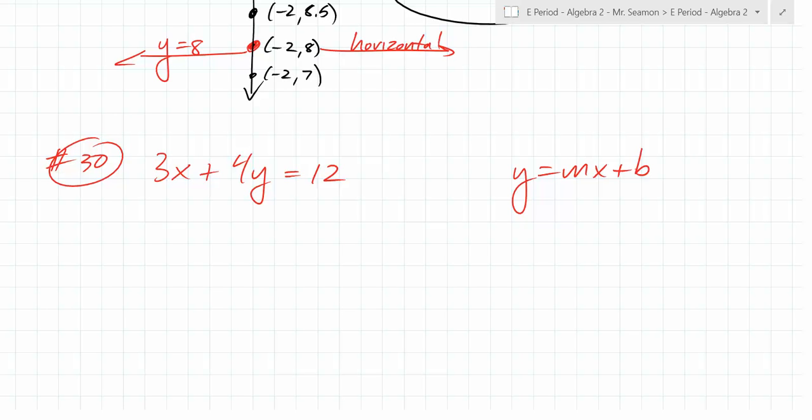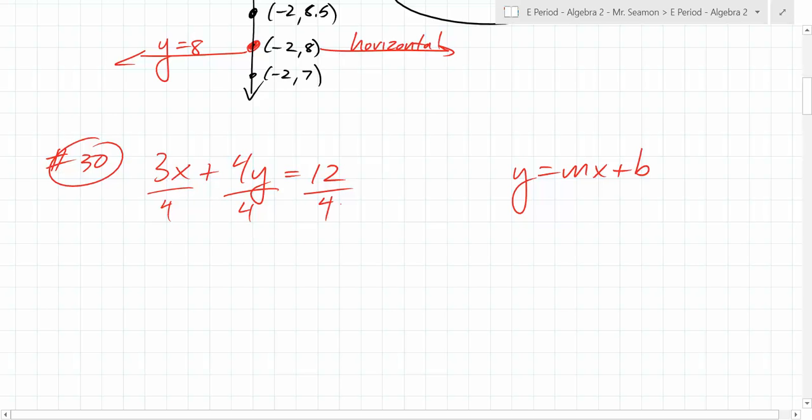It's already multiplied by 4. What's before that? Yes, you could divide by 4. Could we divide by 4 first if we wanted to? If we divided by 4, we would have to divide everything by 4. You get 3/4 x plus, what does that become?